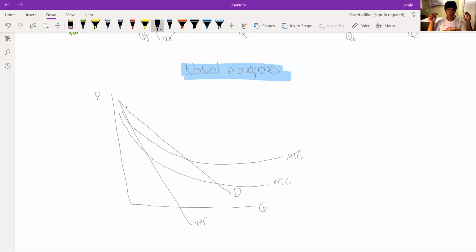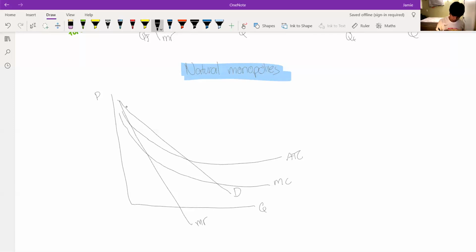And what ends up happening is there's going to be an under allocation of resources because both firms still produce where MR is equal to MC. And you will find out that quantity will be under allocated.